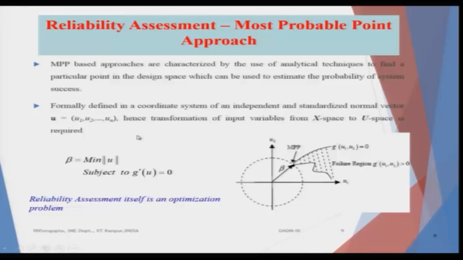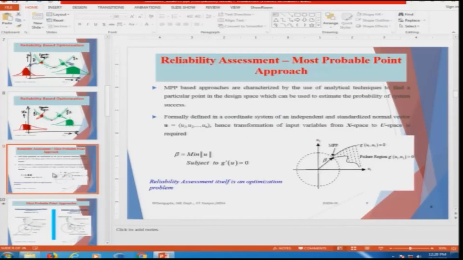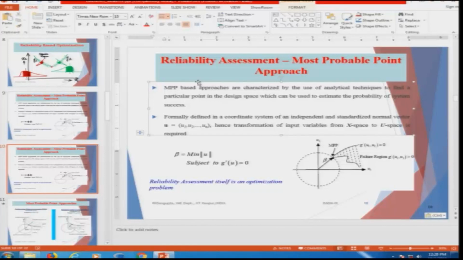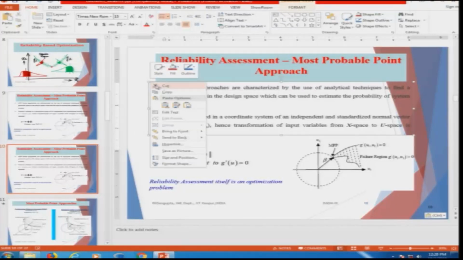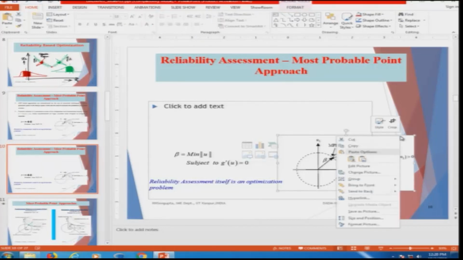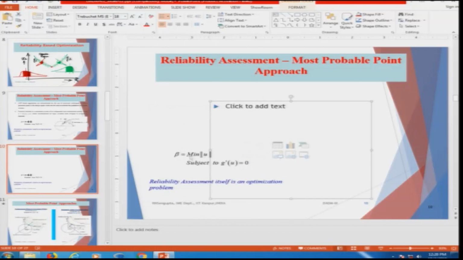So, why are we doing that? Let me consider this using the simple Rosenblatt transformation. I will not go into these diagrams immediately, but I will come and mark them accordingly.